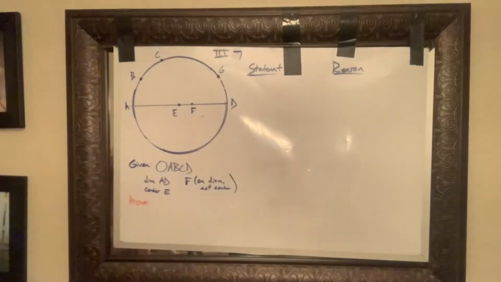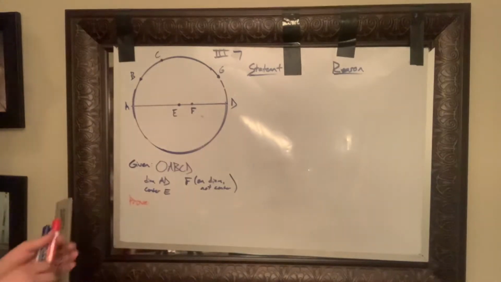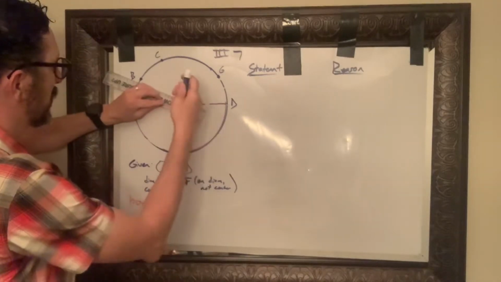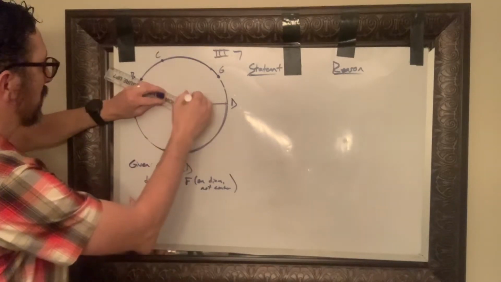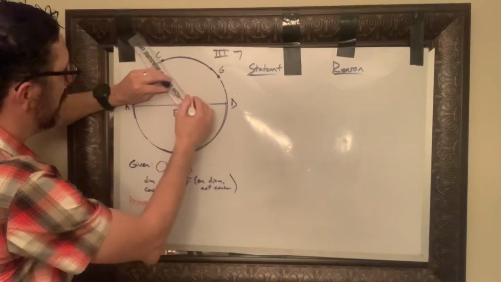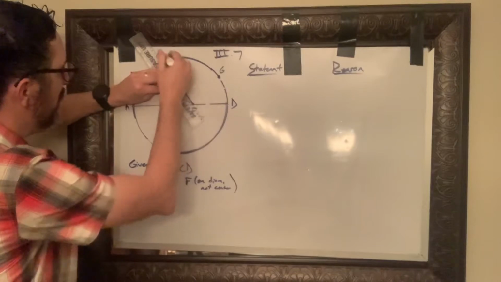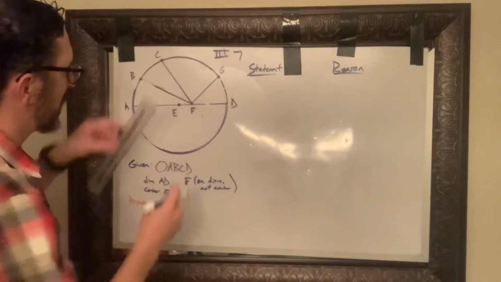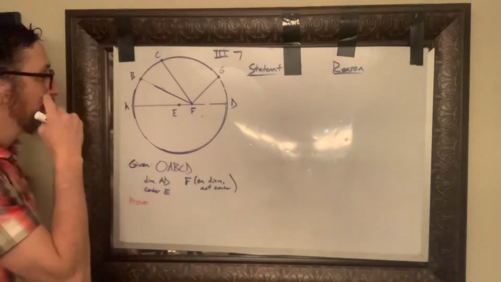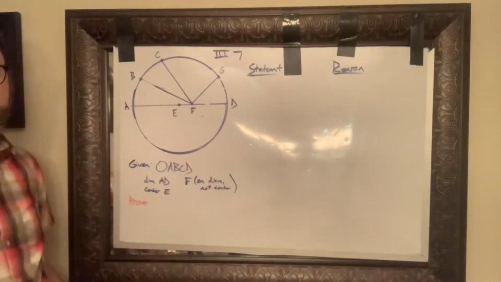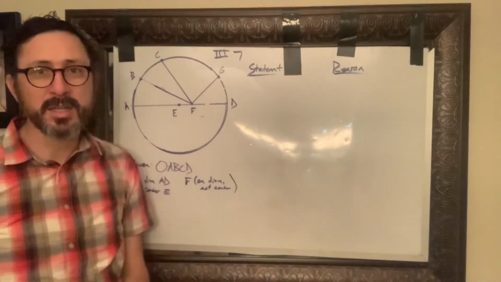So actually I need to draw those in. Drawing BF, CF, and GF. Okay, so the one that's closest to AF is the next longest, then the one that's up next to that is the next longest, the one that's next to that is the next longest, until you get to DF.